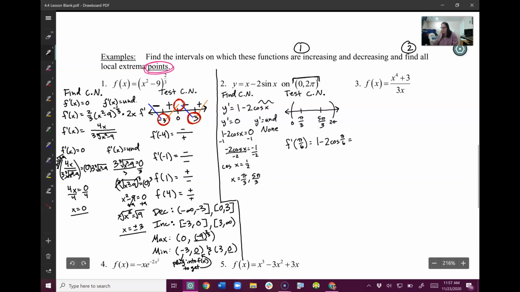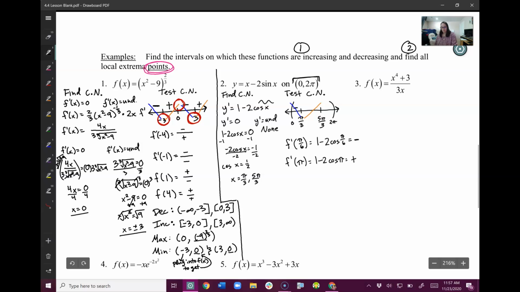So you can type that into your calculator if you want, but the most important thing is that it is negative, which means it's going to be decreasing. Now let's pick a number between pi thirds and 5 pi thirds. Let's say pi. Which again, you can type in if you want. Most important thing is that's going to be a positive number.